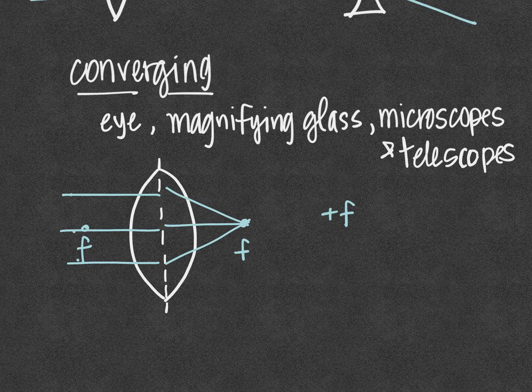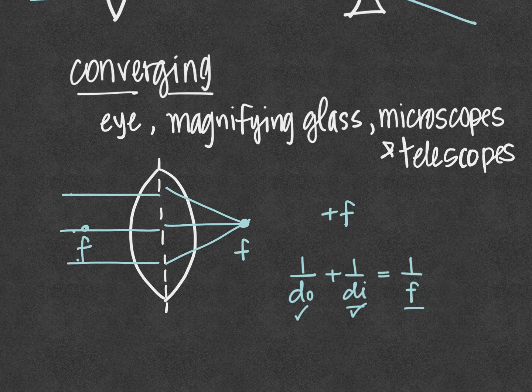Now, just like mirrors, we can use the equation 1/dO + 1/di = 1/f to find the position of our image, or the focal point if we know the object position and the image position. A converging lens will create a real image when these real rays converge in one place.